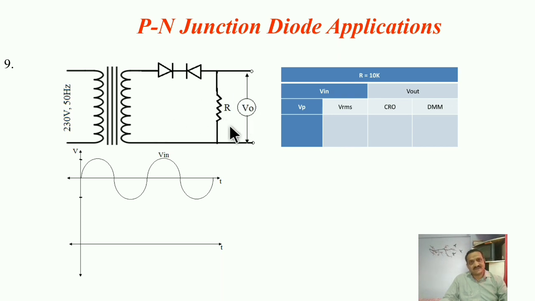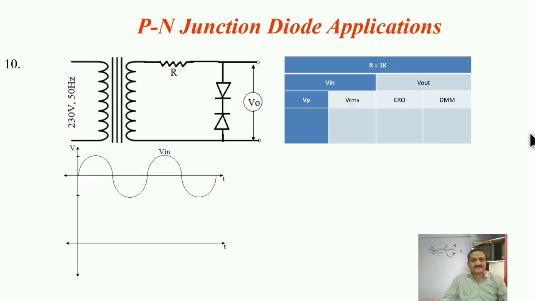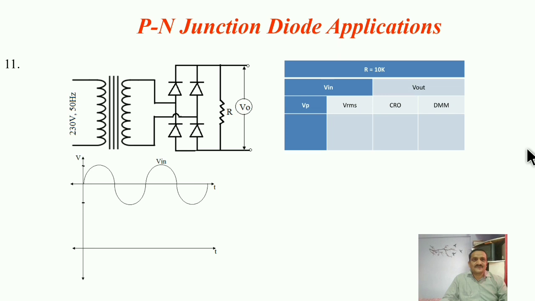Just try to find out VO, how much it will be. In this case again, just by applying the basics of the diode, its working and characteristic, think about what nature of output you will have. Again, this is a full wave rectifier.